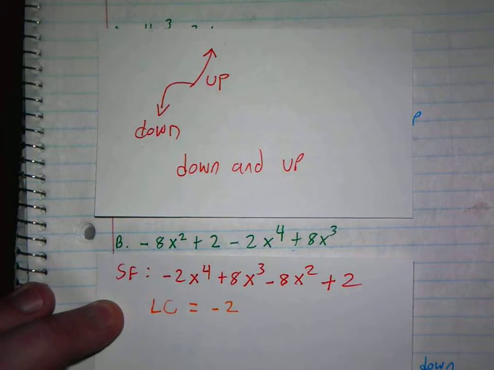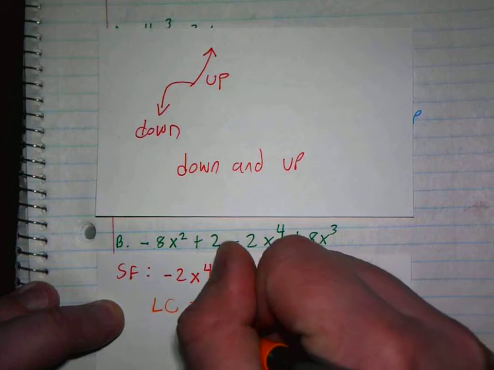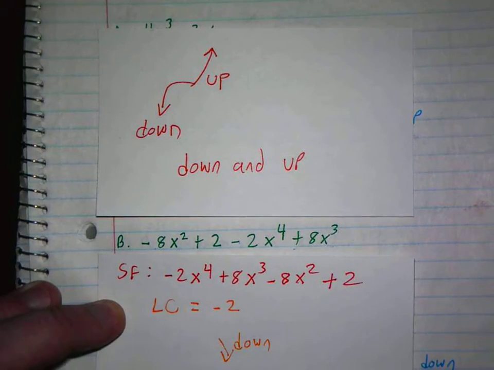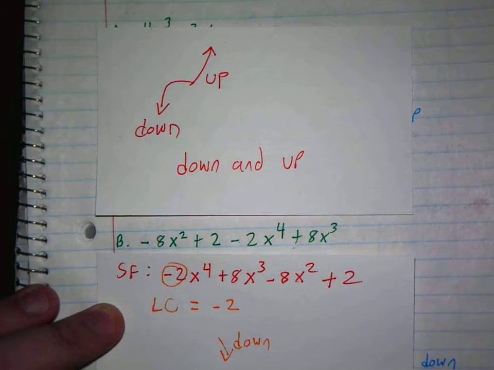Which means, well, the leading coefficient tells you if it opens up or down on the right. So it's going to open down on the right, right? Because of this -2.